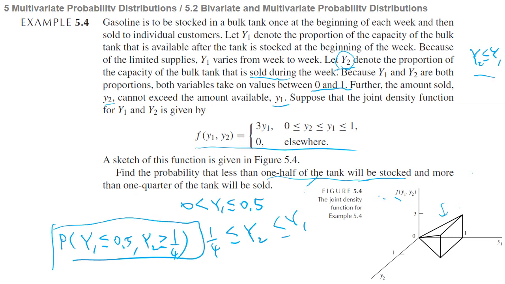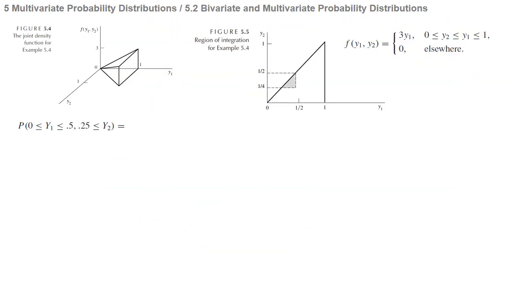To calculate this probability, where Y1 is between 0 and 1 over 2, and Y2 is greater than or equal to 1 over 4, you can integrate the joint density function over the area in this interval.